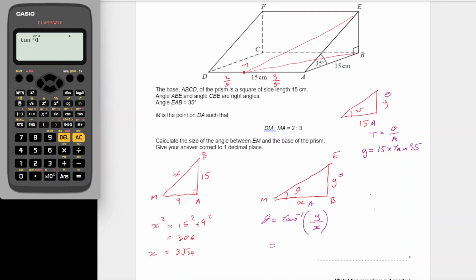So tan to the minus 1 of y, which I said was 15 tan 35, and I want to divide that by my last answer on my calculator. That's going to give me 30.9815... So I'm making it to one decimal place. That's actually going to be 31.0.